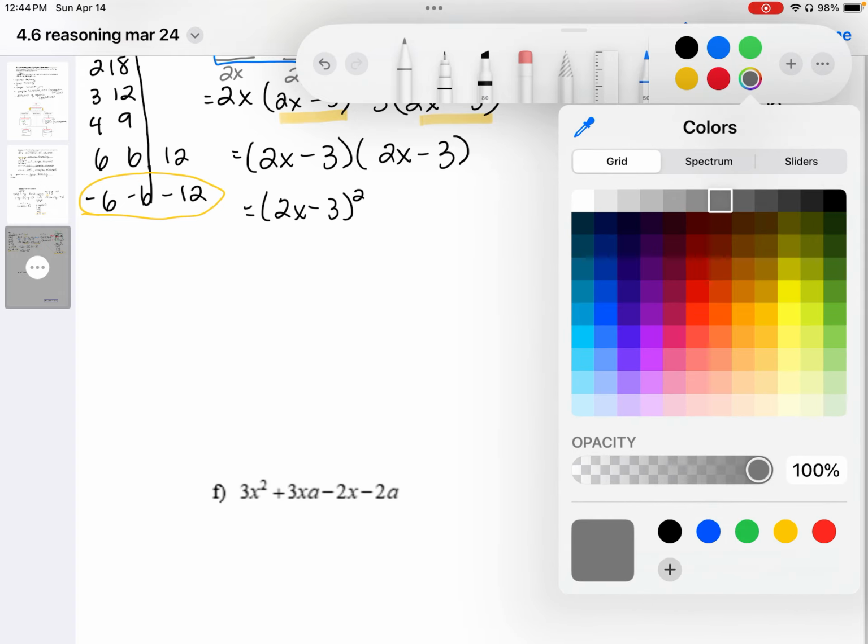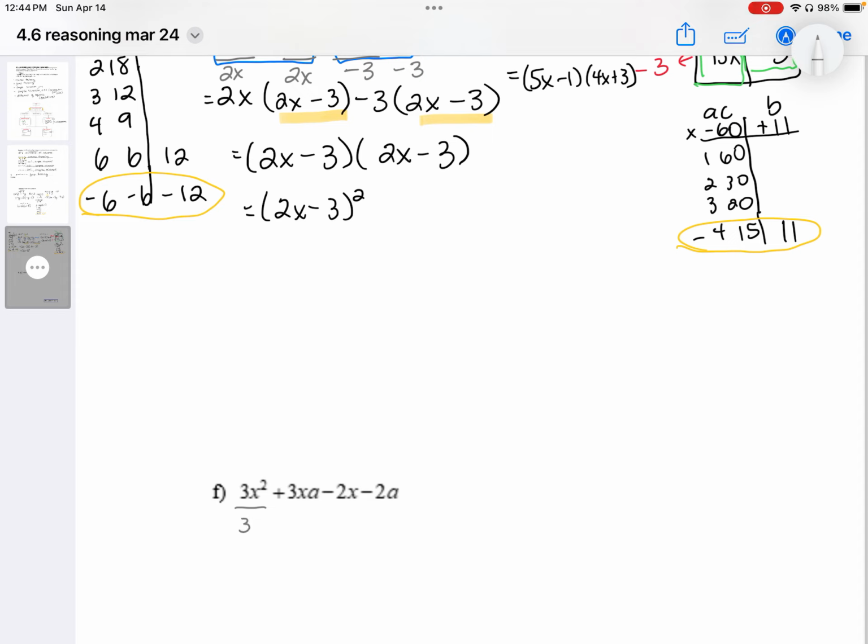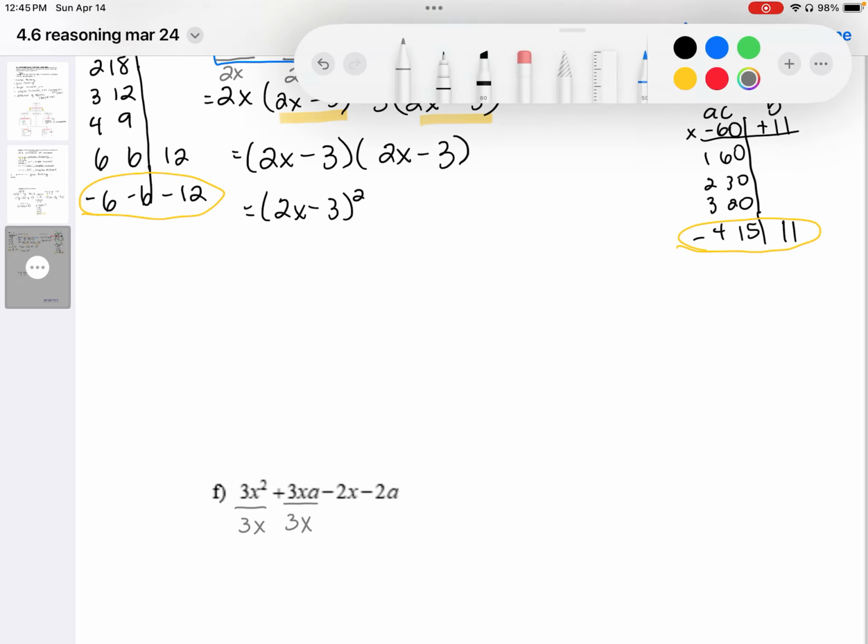I'm going to change my color again. And I can also divide by x because there is an x in both terms. And then in the second set of terms, I can divide this time only by 2.